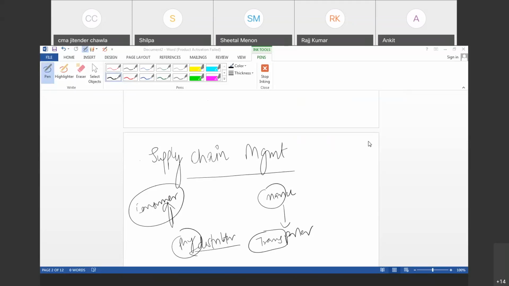It is also called logistic management. Supply chain management has different components. What are the different components? First one is, there must be some plan, right? There must be some sources from where you will arrange, you will make it, you will deliver it.